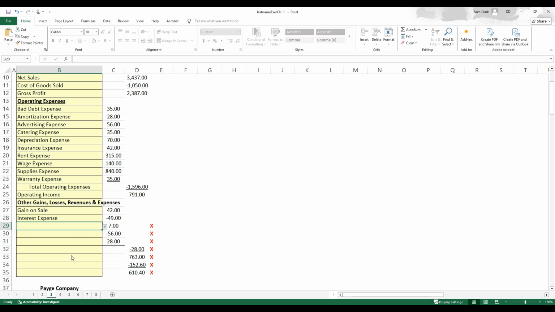Typically rent revenue, unless it's a company whose primary source of operating revenue is rental income, is more ancillary, maybe a company had a spare building or rented out an office location in one of their buildings. So it's not their primary core function of the business.